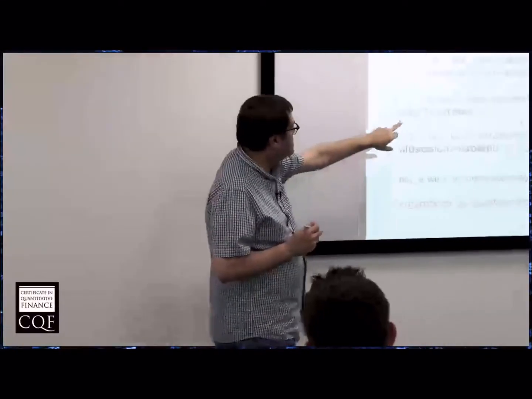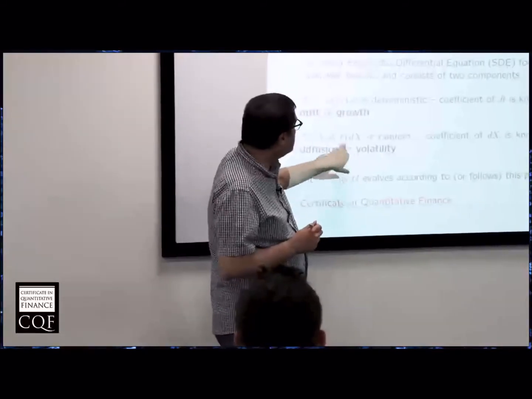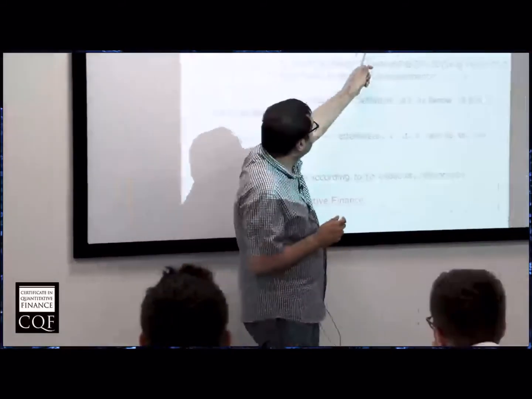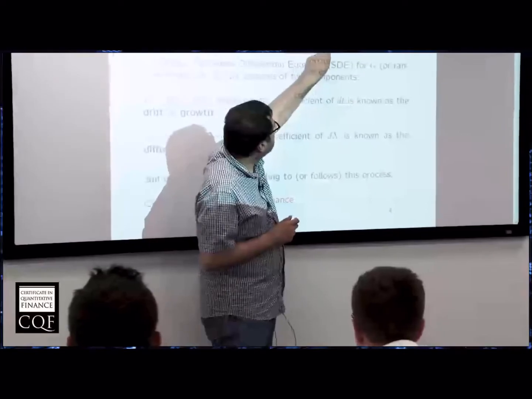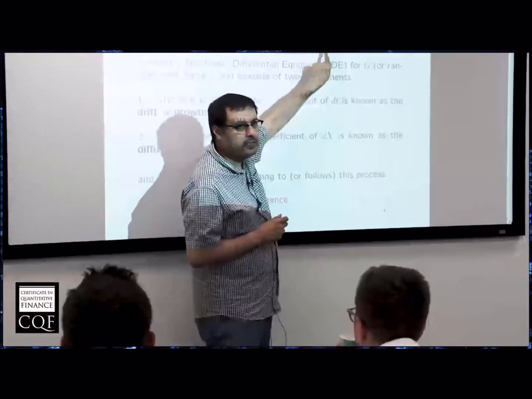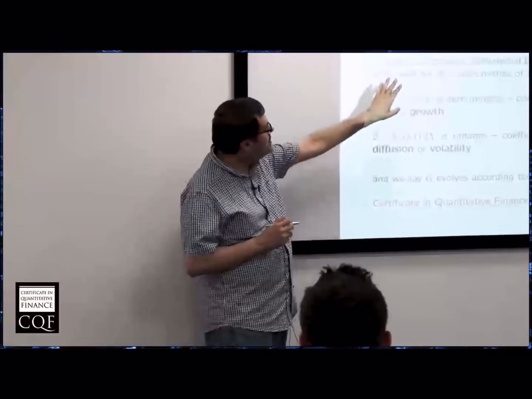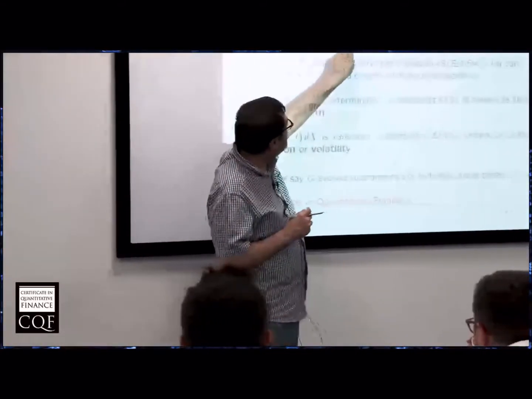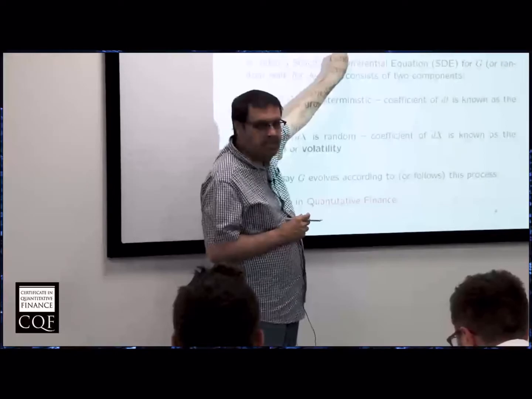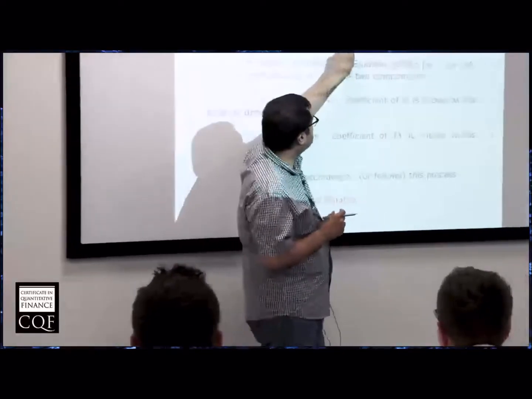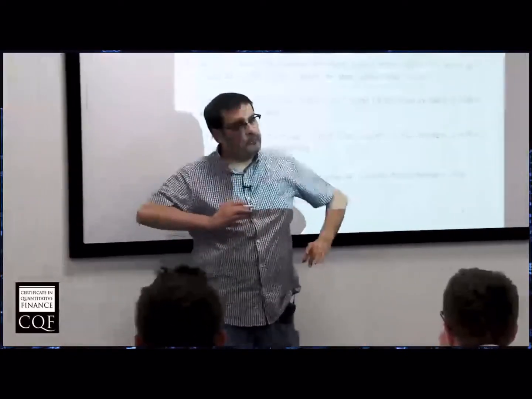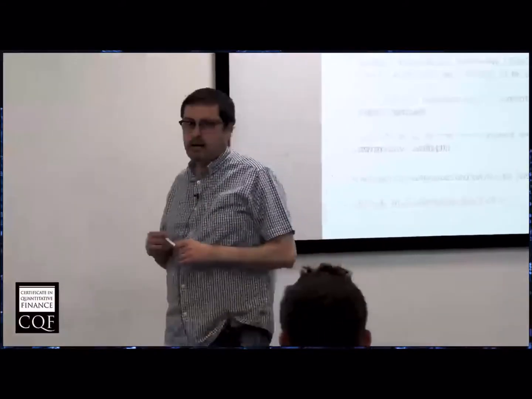Right, so A is deterministic. B in fact is also deterministic. The randomness is really coming in from the dX bit. Remember when we said that if we open this out, it was actually equal to G at t equals G naught plus the integrals here. And we saw on Tuesday we can write down any SDE either in differential form or integral form.